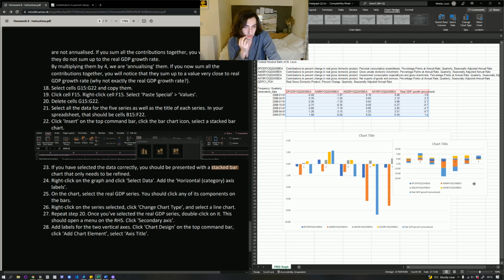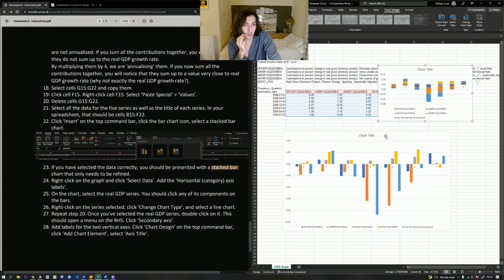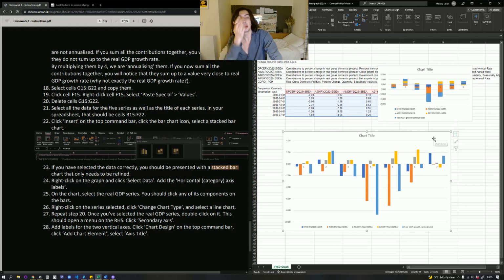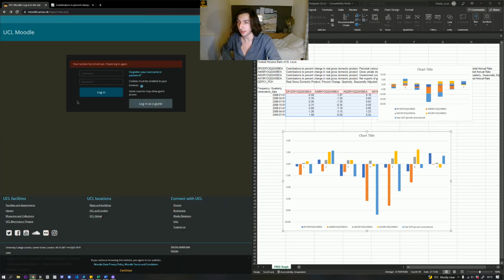I believe it's called a clustered column. I think it makes it easier to look at. Again, you don't need to think that one is better than the other.